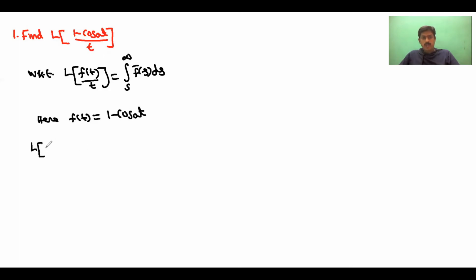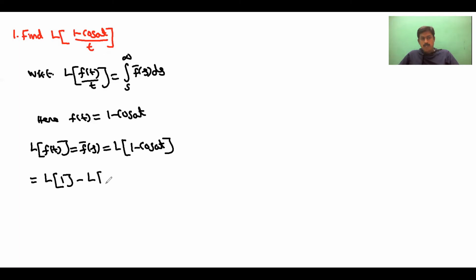We are going to find L of f of t, that is our f bar of s, which equals L of 1 minus cos at, that is L of 1 minus L of cos at. We know that L of 1 is 1 by s, and L of cos at is s divided by s square plus a square.